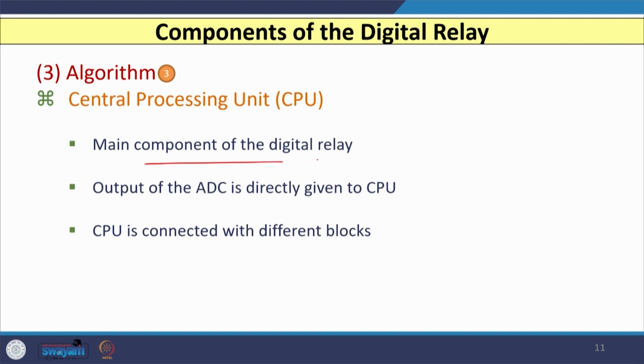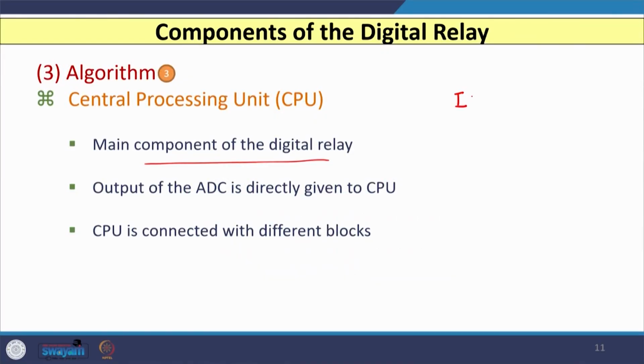This is the main component of the relay, and whatever algorithm we are going to have for the digital or numerical relay. Let us say, for example, we have a simple overcurrent relay, and we want to write the algorithm for this, such that if the fault current on the CT secondary side exceeds some I threshold, then the relay operates, otherwise the relay blocks, and this I fault on the CT secondary is, let us say, some magnitude value.